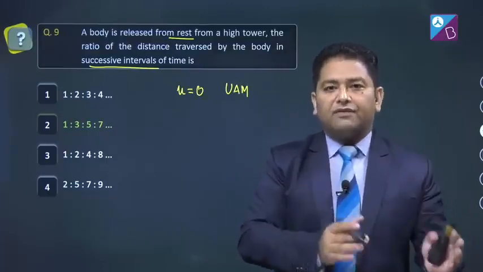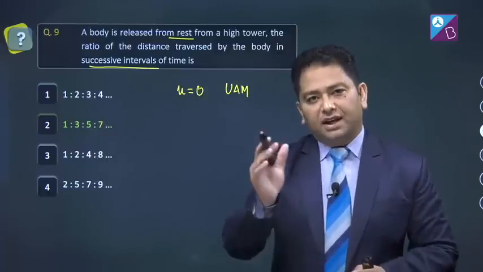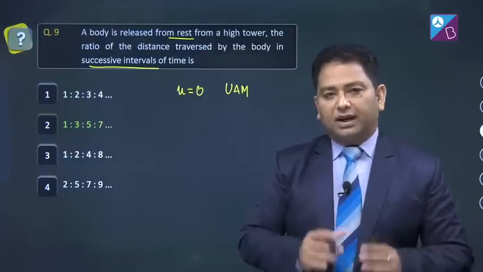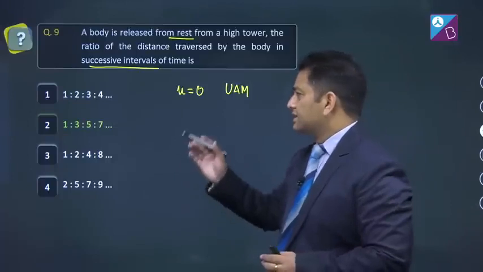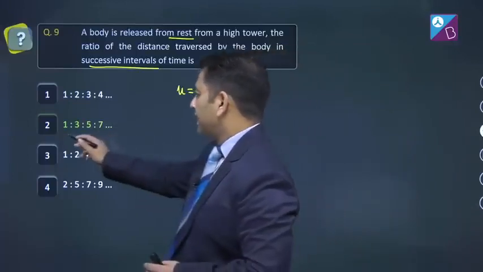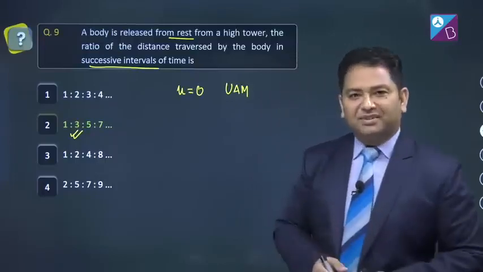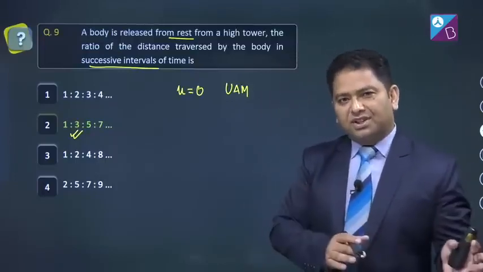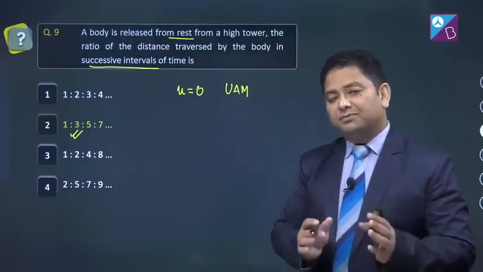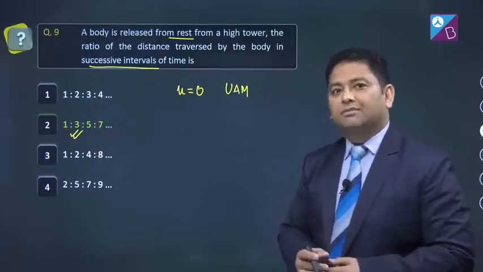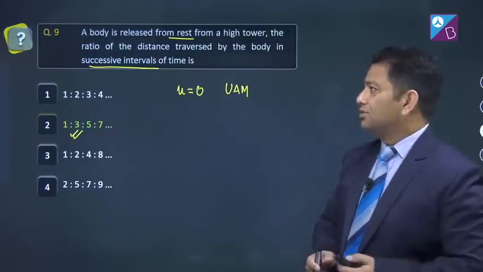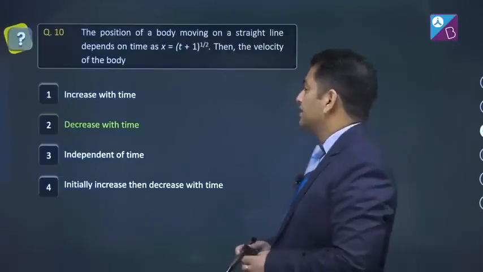Or in uniformly accelerated motion, if initial speed is 0, तो ऐसी condition में the distance traveled in successive interval of time will have the ratio of 1:3:5:7. Straightforward fact-based question, यानी time management में ऐसे questions बहुत मदद करेंगे. Let's go to the next one, the question number 10.